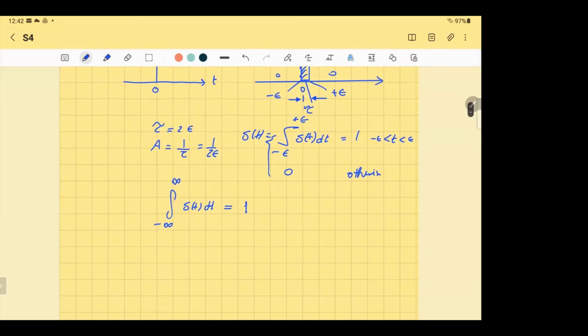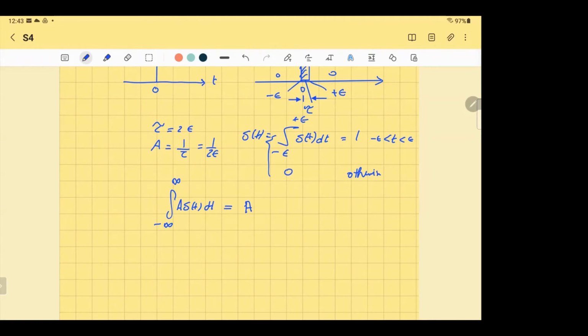Well, what about if you multiply it by a constant a? So the value will be a. If you have 10 times delta, what's the integration of 10 delta? 10. Okay. Another thing, and that's a very important characteristic of the impulse.